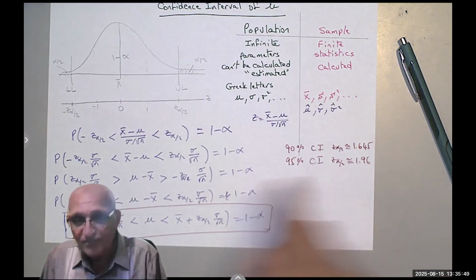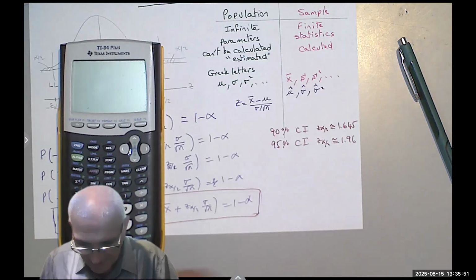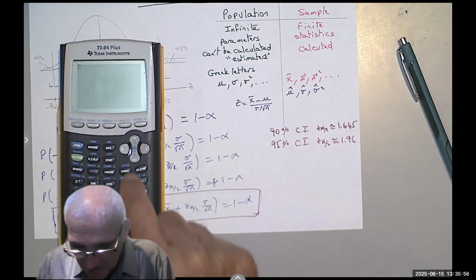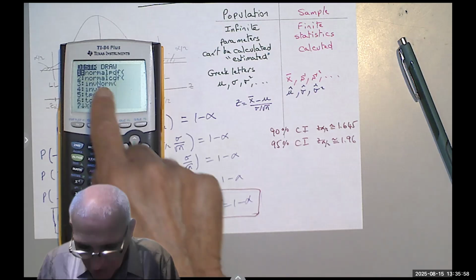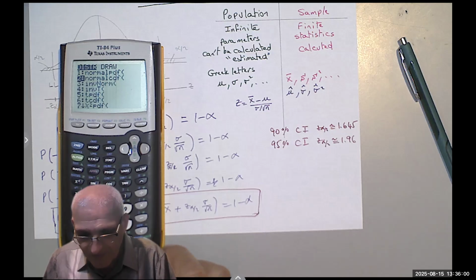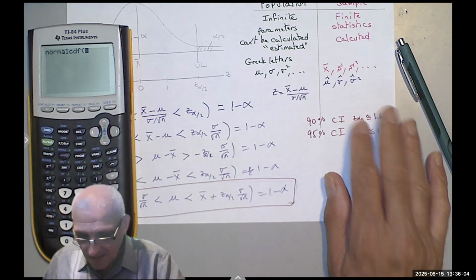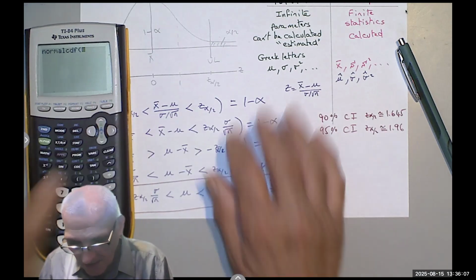So suppose I want to find these numbers. How do I find them? Again, very easy. You can go to distribution and do the normal confidence.